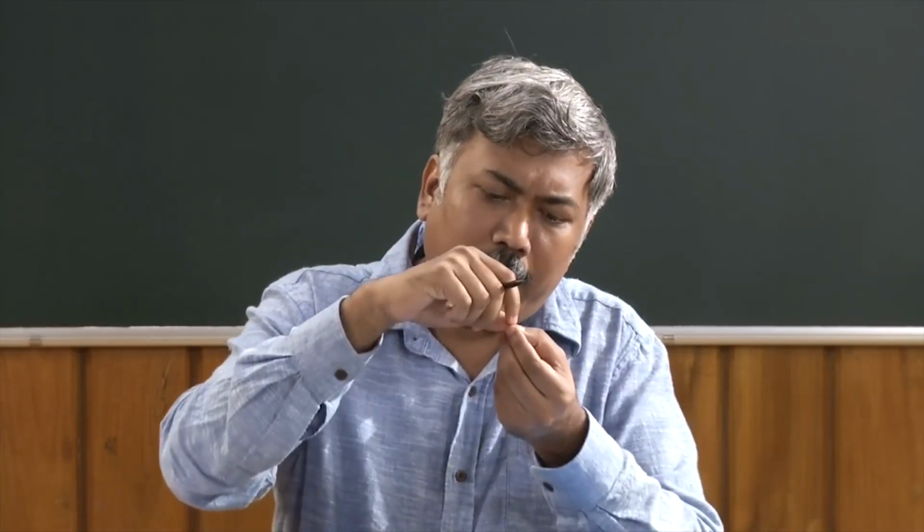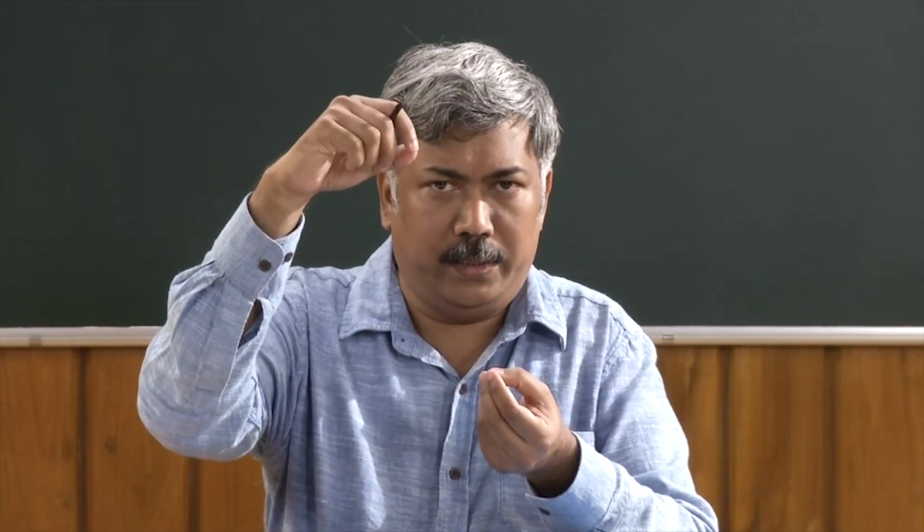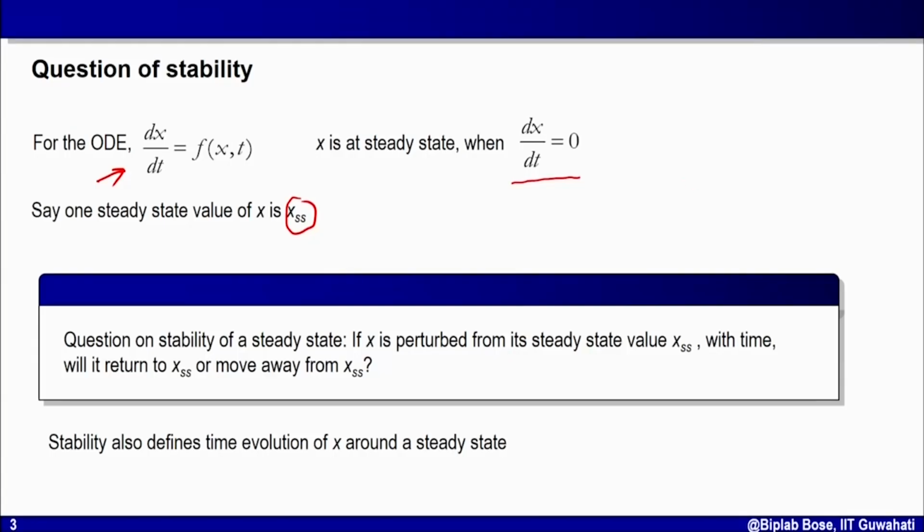Now suppose I slightly pull x away from xss. That means I am here at xss, and suppose I pull the value of x up somewhere here. Then the question comes, what will happen to the system as time progresses? Will x come back to its steady state value?